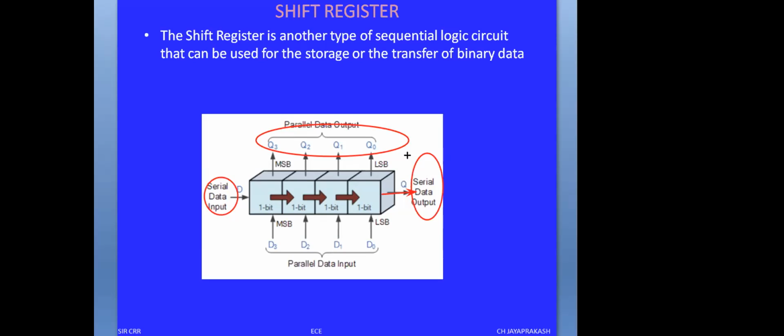Serial input, serial output; serial input, parallel output. That is, we are having two operations with respect to serial input: SISO and SIPO. We have two types of operations: serial input, serial output operation, and serial input, parallel output operation.